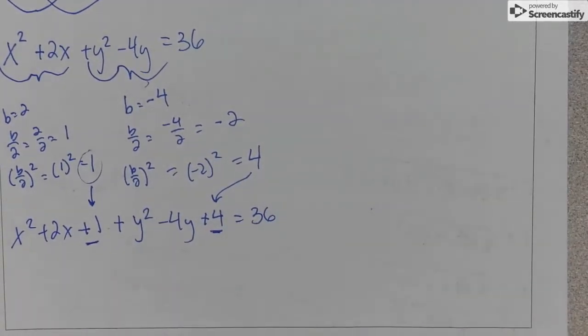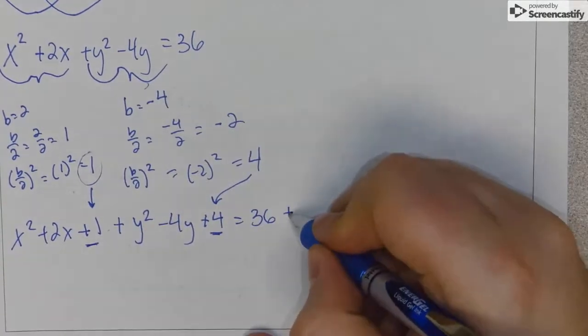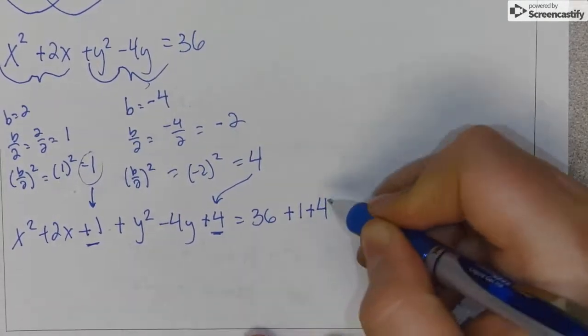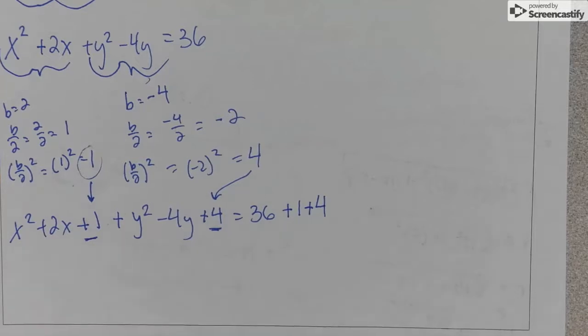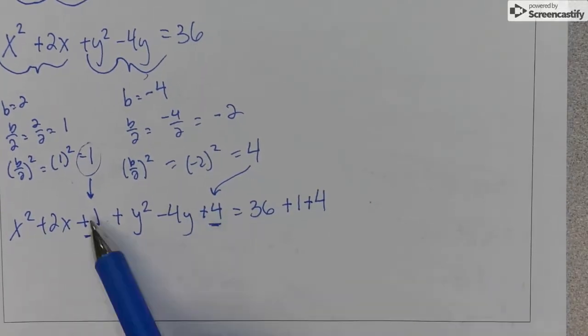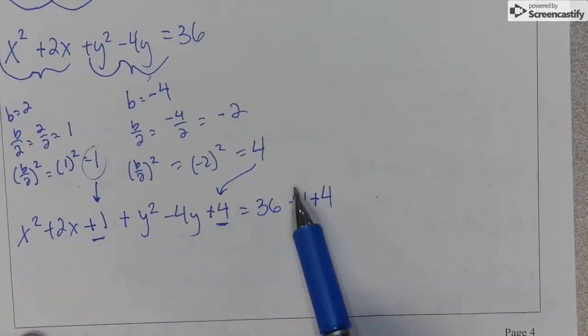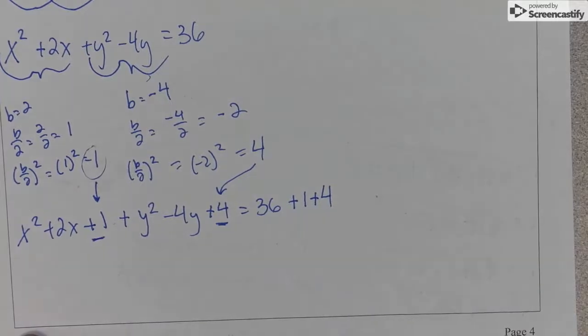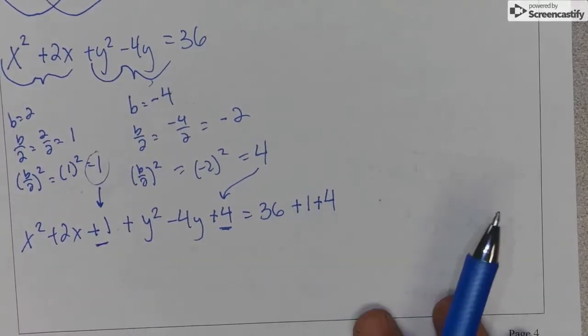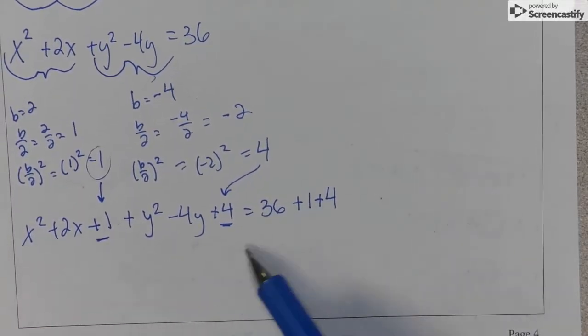So if I'm going to keep this equation balanced, I need to add 1 and then add 4 on the other side. Basically you can't add 5 to this side, but not to this side. So if I'm adding 5 here, I need to add 5 here.